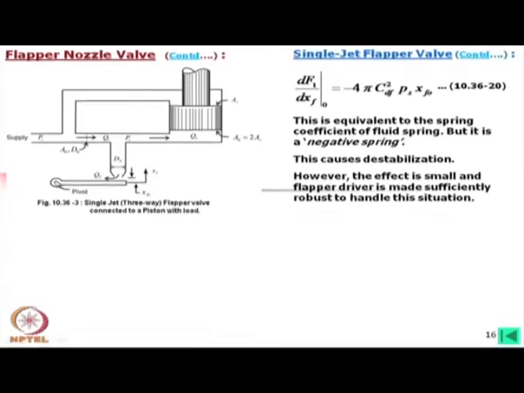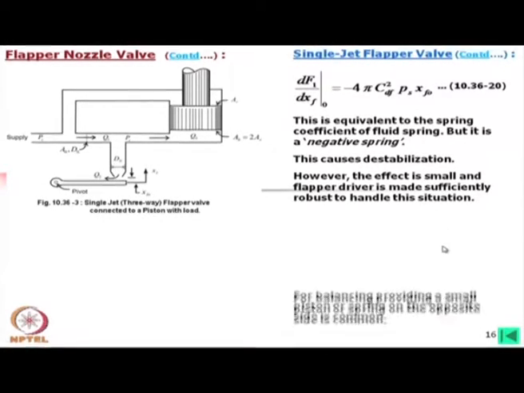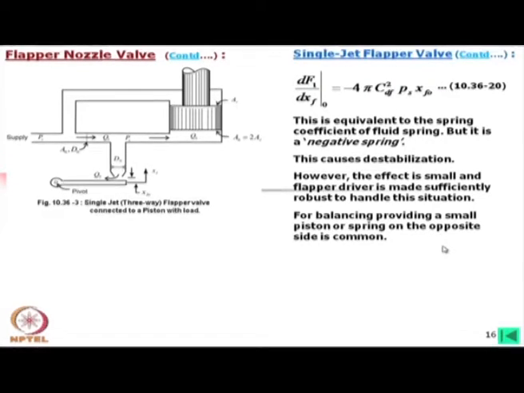This means that while we are designing this torque motor, we have to consider this part and it should be robust, so that it can handle such destabilization. For balancing, providing a small piston or spring on the opposite side is common. Sometimes a spring is used on the opposite side for the flapper nozzle.